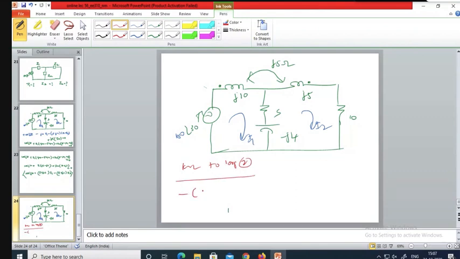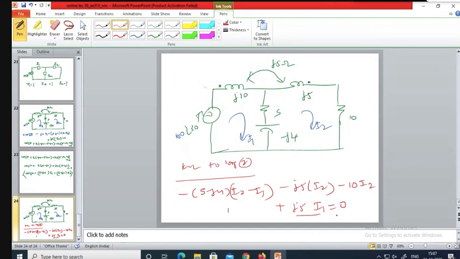So it is minus of 5 minus J4 into I2 minus I1, minus J5 into I2, minus 10 I2, and plus J5 into I1, that is equal to 0. This is the component due to the mutual inductive reactance.